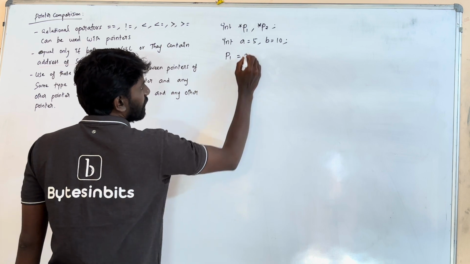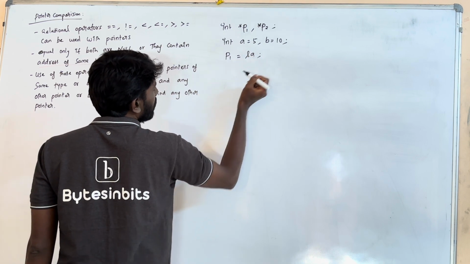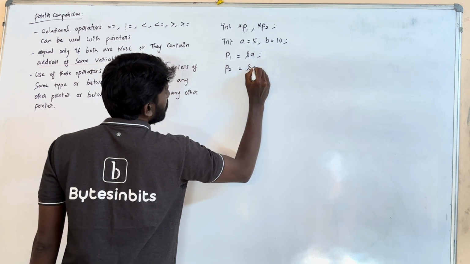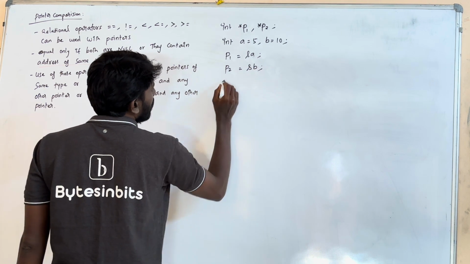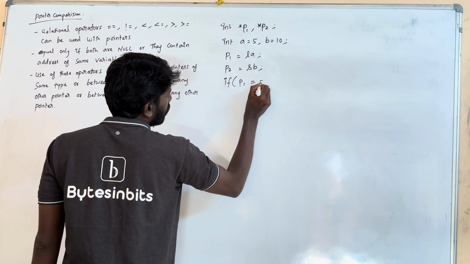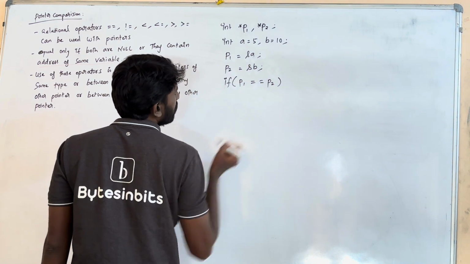To P1 you are assigning the address of a, and to P2 you are assigning the address of b. Here you are checking P1 equal to P2.